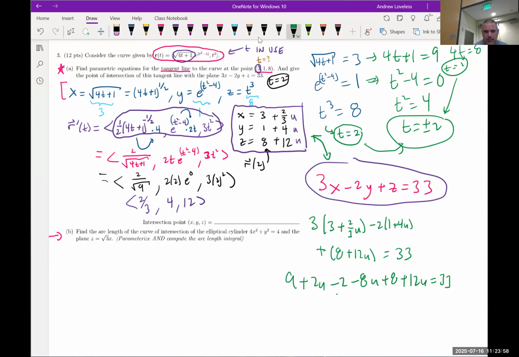What is that? 14, that's 6u. I just shoved those three things together. 14 minus 8. And then I'm going to do 17 minus 2 is 15. I'm putting these numbers together. And I'm almost there. 6u is whatever 33 minus 15 is.